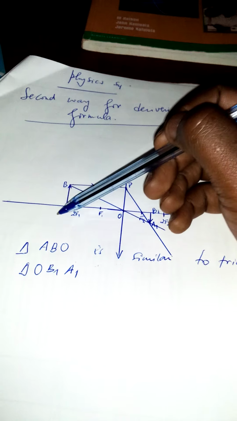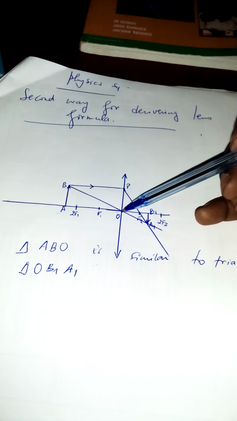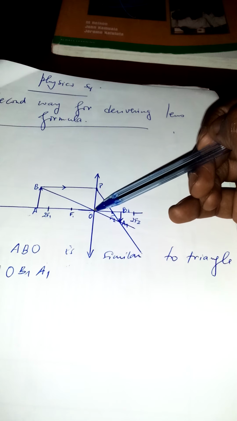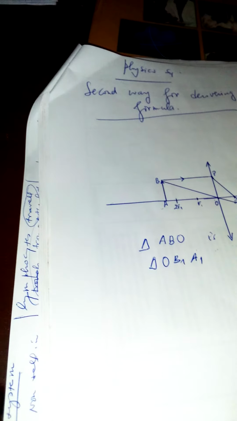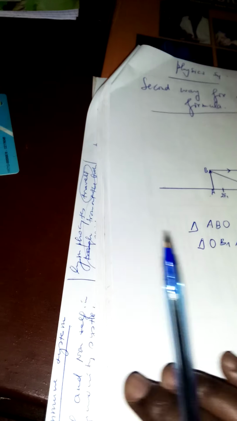This triangle ABO is similar to the triangle OB1A1. So that is similar, and we have all the proportionality laws, or the similarity properties.